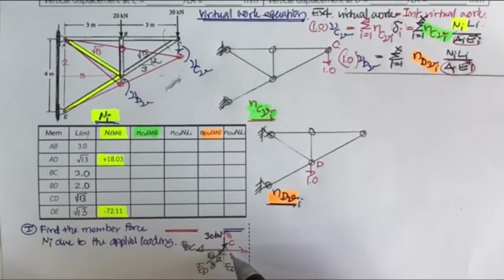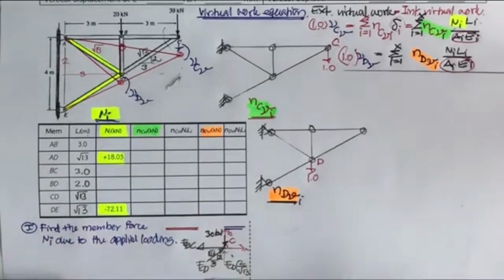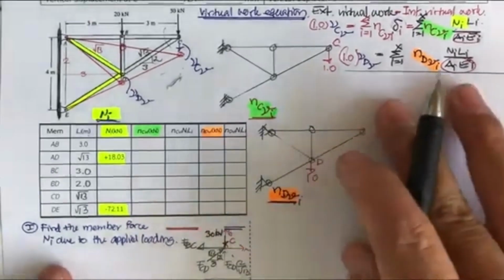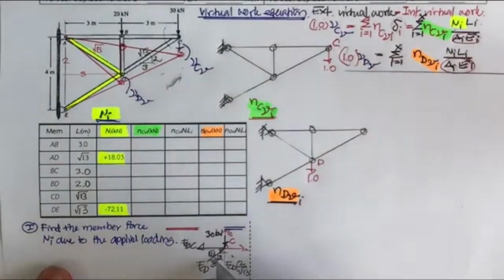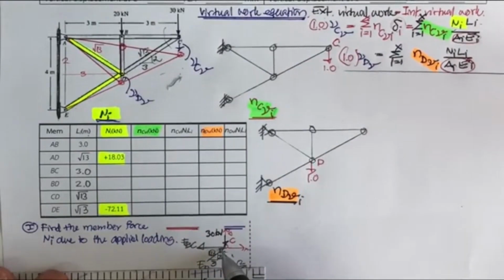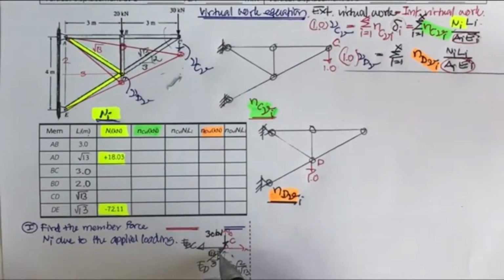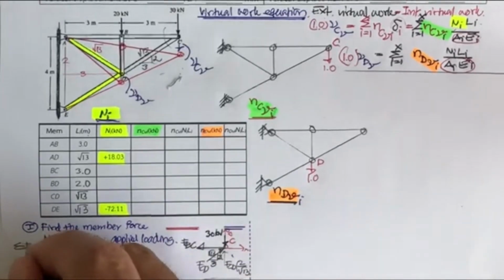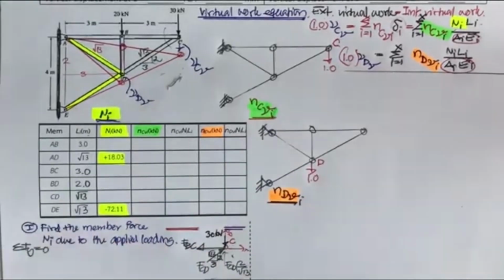Okay, we have the free body diagram of joint C. From this free body diagram, which equation of equilibrium are you going to use first? The summation of F sub x equal to 0? If you use this, the force will project this one, and then you're going to have two unknowns and you cannot solve it. So the better way is to use the summation of F sub y equal to 0.